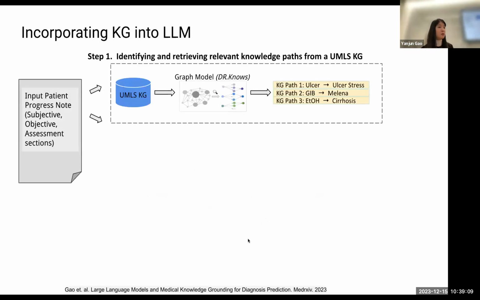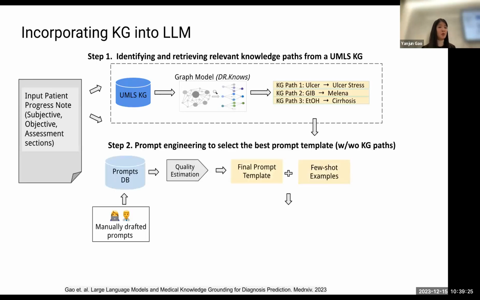The way that we incorporate a knowledge graph into the LLM is using the RAG framework, the retrieval augmented generation framework. Step 1 is, given the progress note, we identify and retrieve the relevant knowledge paths using these DR.KNOWS models. Once we have that, the second step is a sophisticated prompt engineering framework that includes quality estimation of different manually generated prompts.